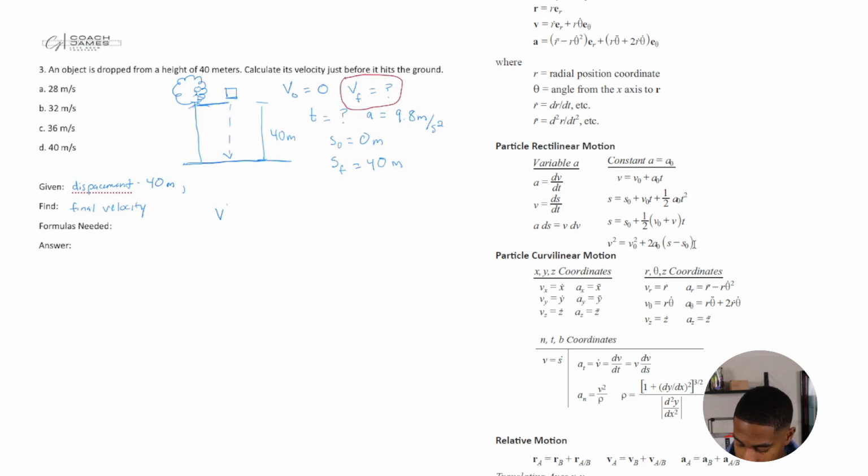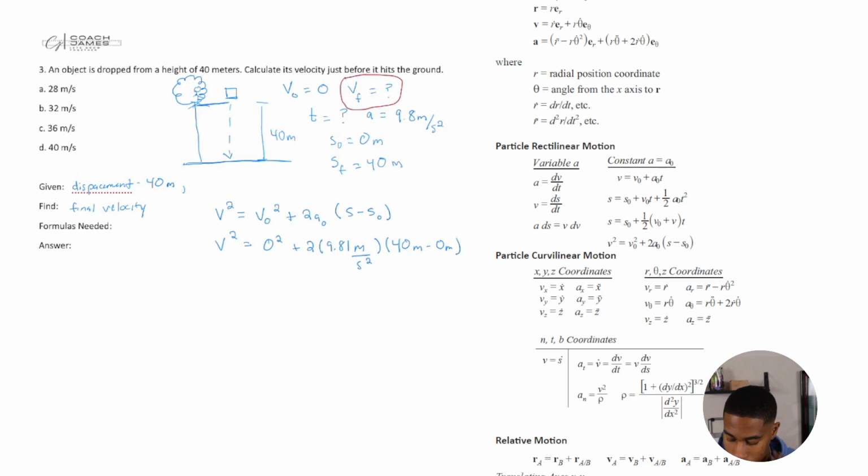So V squared is equal to V0 squared plus 2a times (S minus S0). Great. V squared is equal to 0 squared plus 2 times 9.81 meters per second squared times 40 meters minus 0 meters.